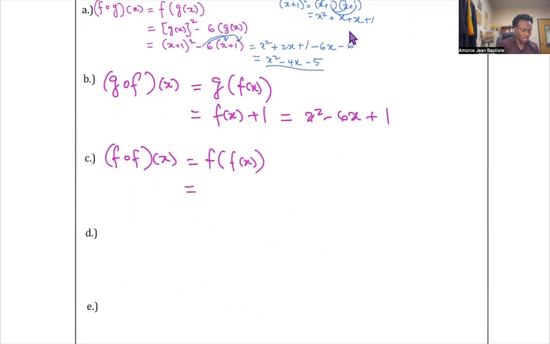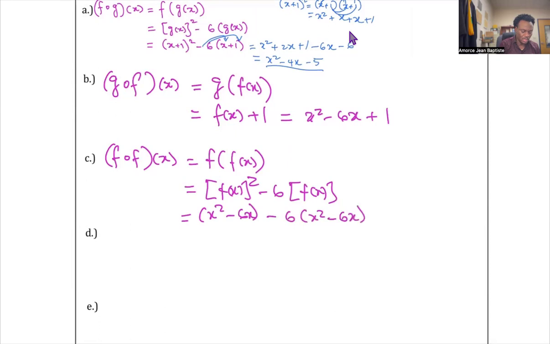When we replace, that would be f of x squared minus 6 times f of x. That was the formula for f of x. So then f of x was x squared minus 6x, minus 6 times x squared minus 6x.